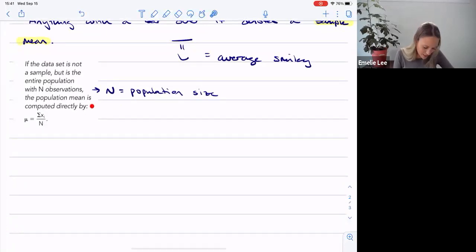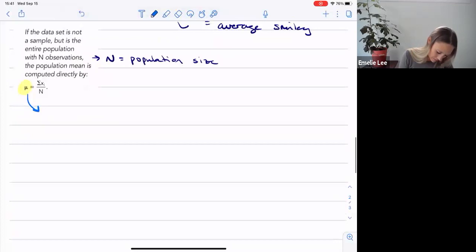So then the population mean, we use mu, right? And so mu is just what we use in general. And mu is a Greek letter, right? And if you wanted to, instead of typing it out, I'll show you how to typeset it in Markdown so that you can just type mu.